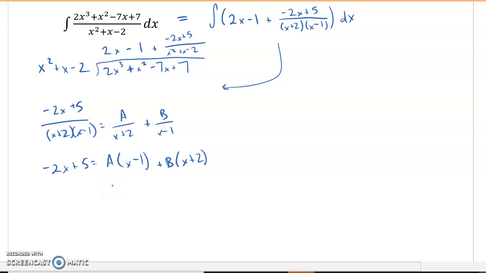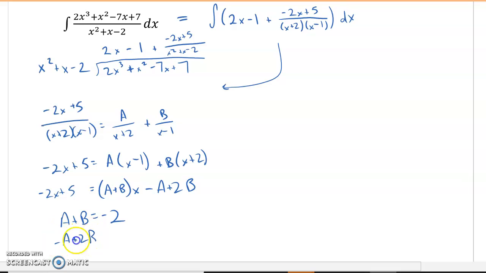So we have an ax and a bx, so that's a plus b times x. We've got a negative a and a 2b, so negative a plus 2b is our constant. So a plus b equals our coefficient of negative 2. Negative a plus 2b is equal to our constant of 5.